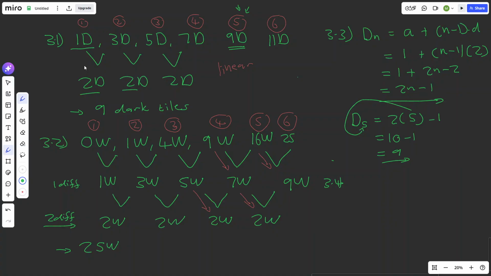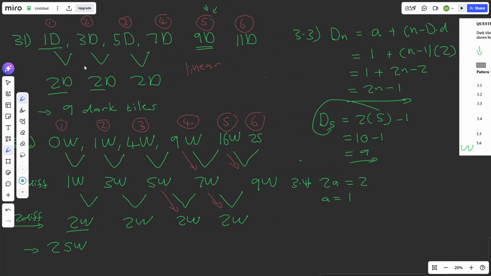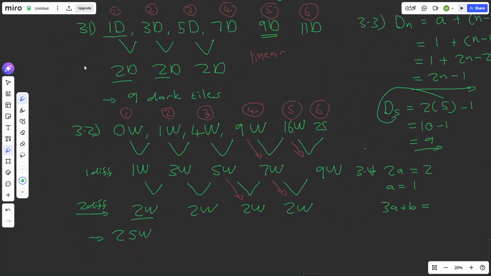Firstly, you're going to take 2a and then equate it to your second difference. So the second difference here is 2. So now our a is equal to 1. And then the next step, you take 3a plus b and then you equate that to the first term of your first difference, which is 1.